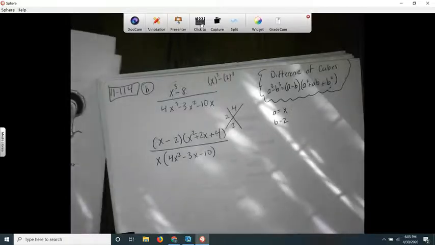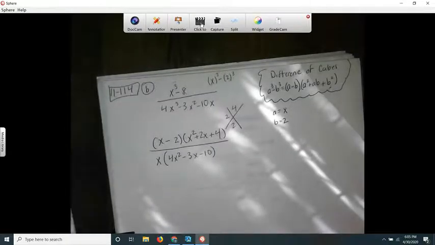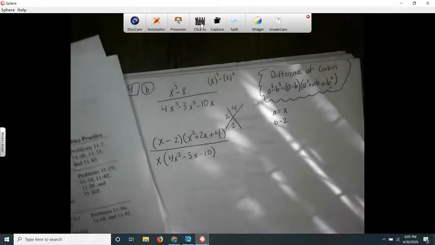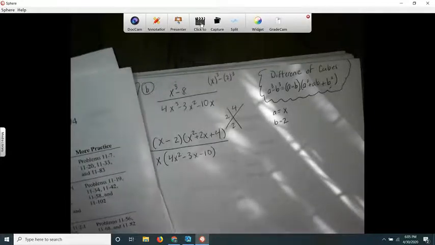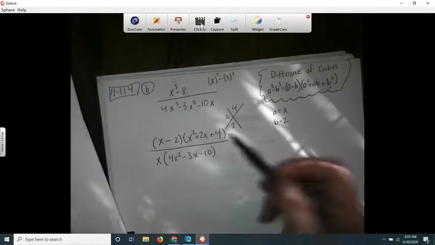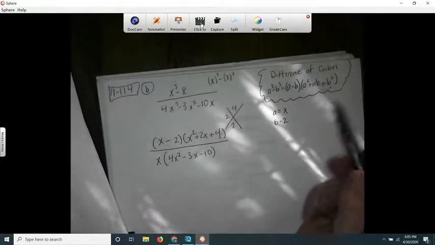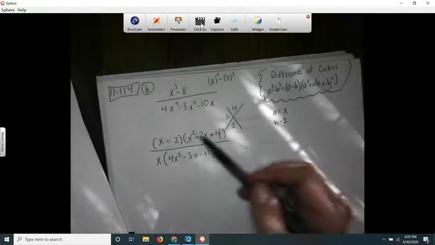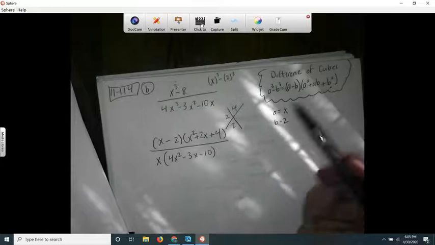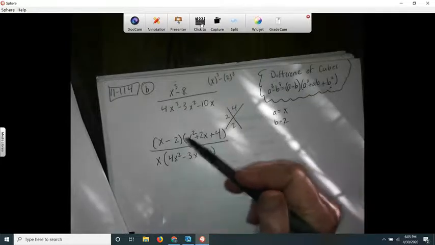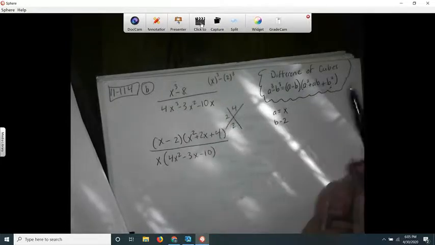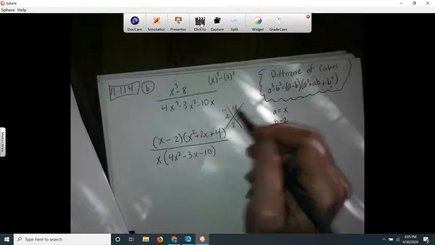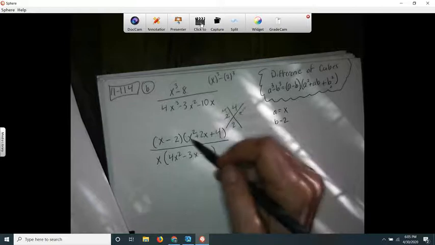Oh, well, okay, so this is not going to factor, is it? And that's okay. I could get out the quadratic formula, but there are no two numbers that multiply to make 4 and add to 2. 2 times 2 will never work, and 4 times 1 will never work. So we're just going to leave that alone.